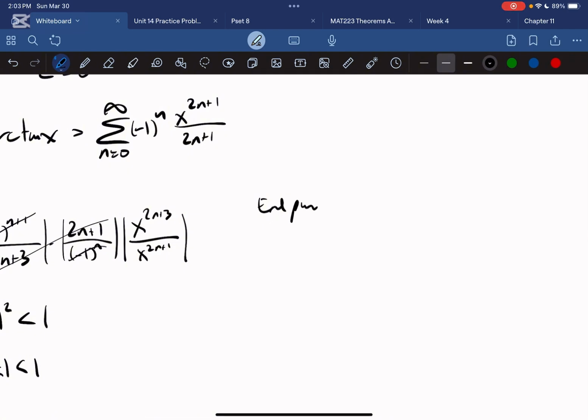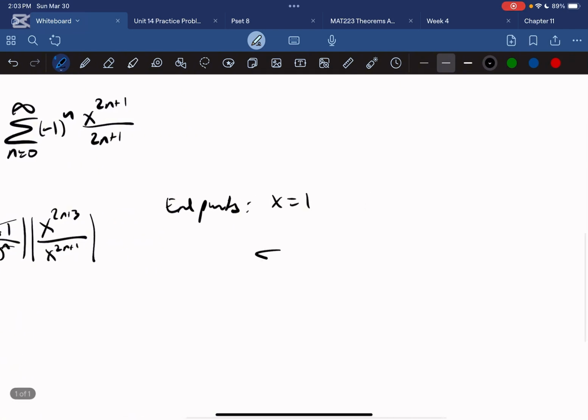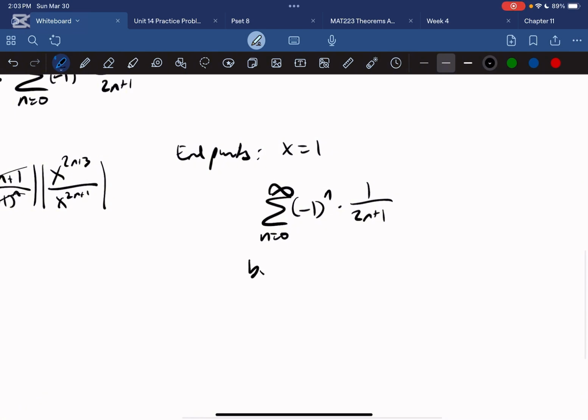Let's say x is equal to 1. Then our series looks something like this. And by the alternating series test, this is convergent. This is positive, decreasing, and approaches 0.